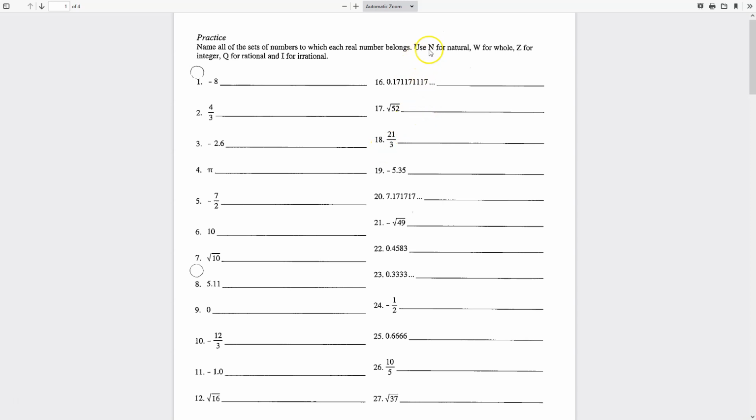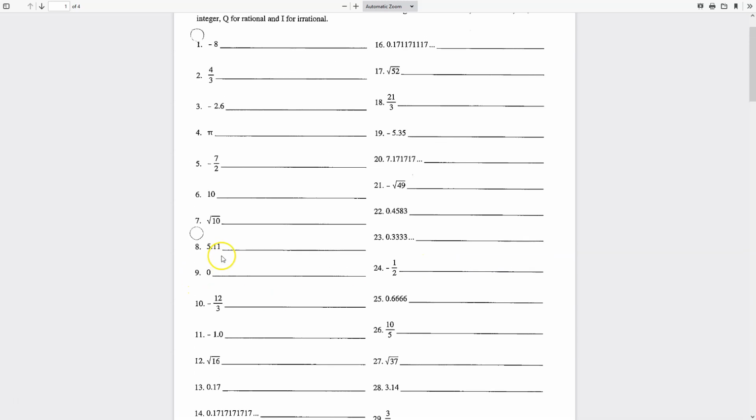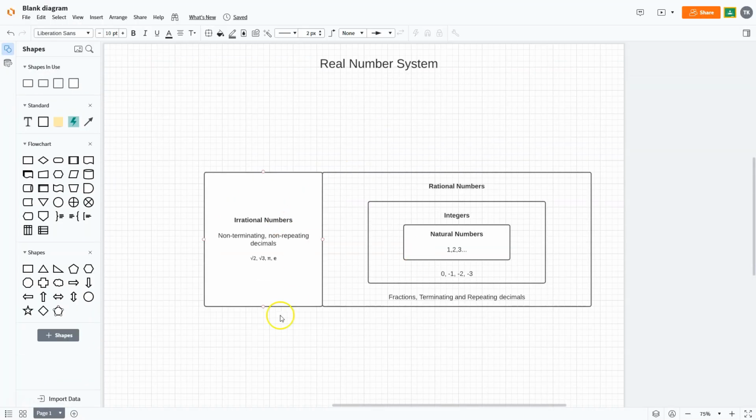So this is a natural number, therefore it's an integer, therefore it's rational. Okay, so as you complete this worksheet, you need to think about two things. Think about what the number actually is, and also think about the layers of containment. Okay, especially over here in the natural numbers.